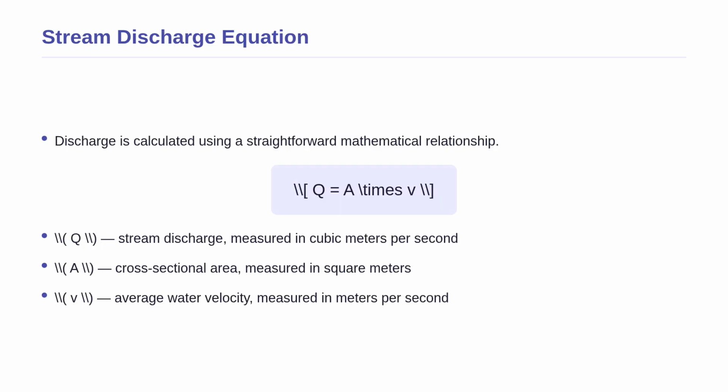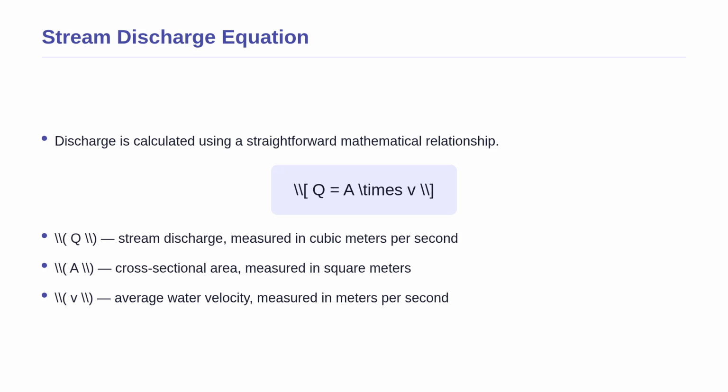To quantify this master variable, we use a very elegant and straightforward mathematical relationship. The formula is Q equals A times V. Let us break down what each symbol means. The letter Q represents the stream discharge, which tells us the volume of water moving past a point, measured in cubic meters per second.